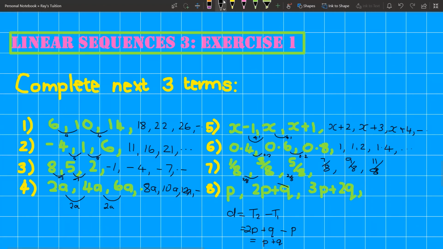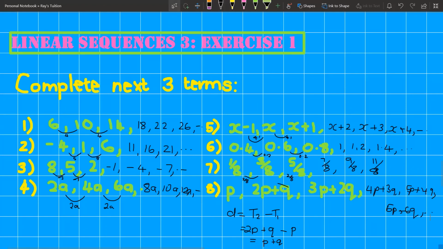So then we're going to add another P plus Q, so it will give us 4P plus 3Q. And then it will give us 5P plus 4Q. And finally 6P plus 5Q.